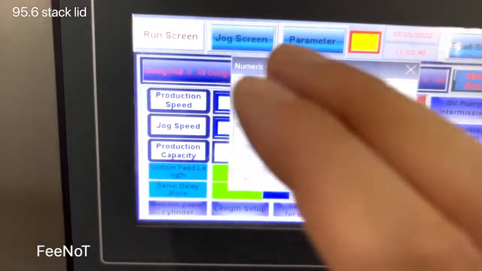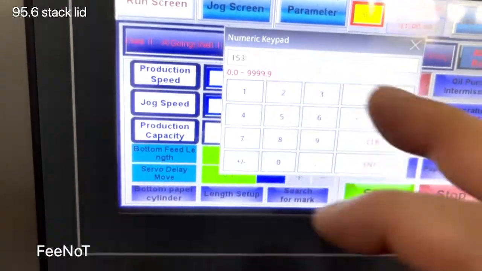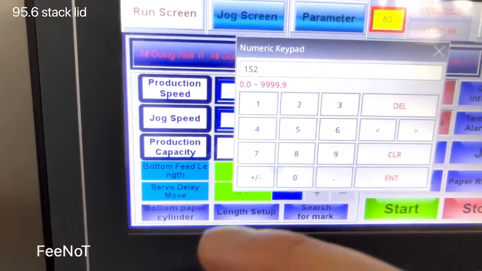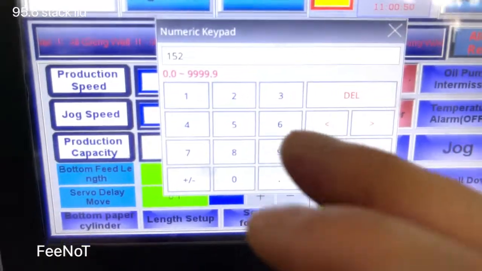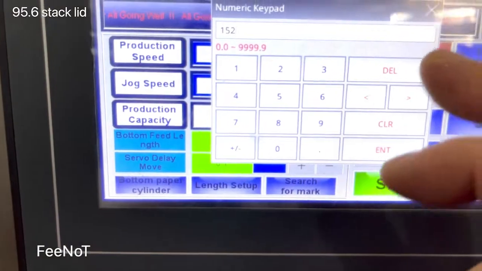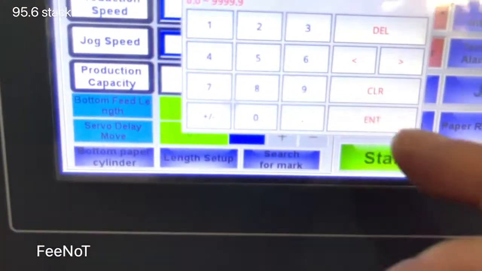That means you should feed more than the print mark. For example, the print mark is 152. You should set the feed length over 152. That means you should set 153 or 154.